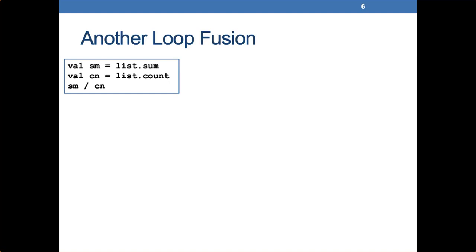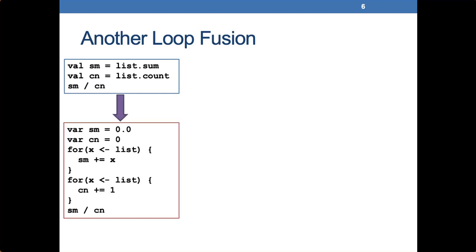So if we naively translate this into some imperative code, we are going to iterate over the same list twice. In the first iteration, we are going to compute the result of the summation. In the second iteration, we are going to compute the result of the count. And then at the end, we are dividing the result of summation by the count. So here we have two loops.